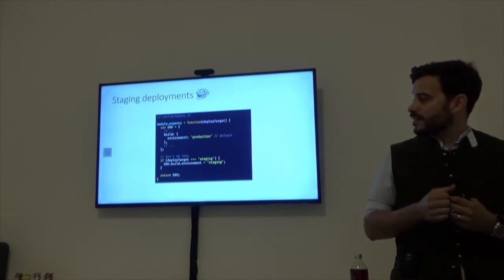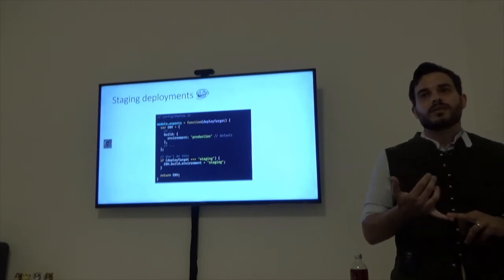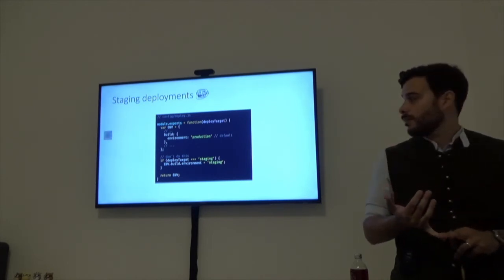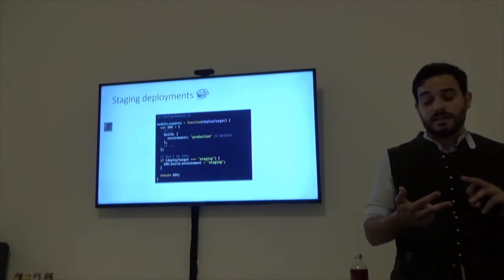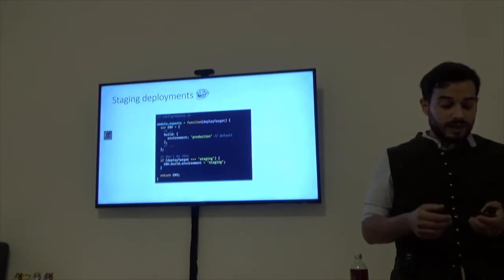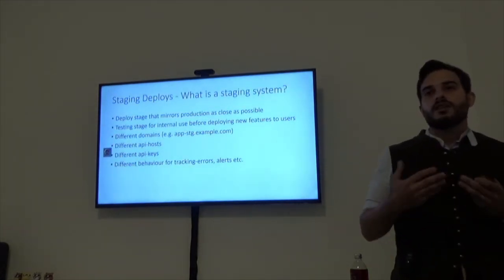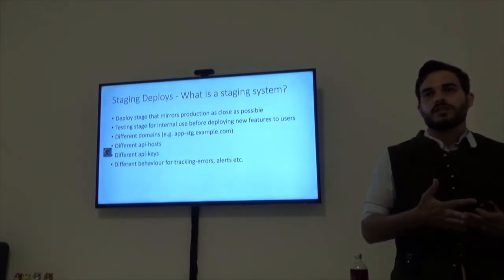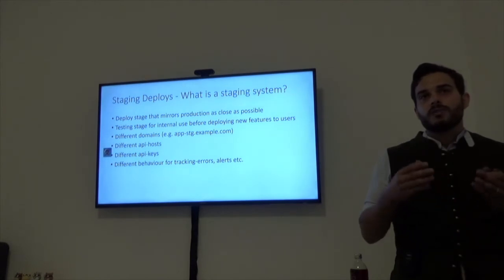The problem there is that ember-cli doesn't know anything about some arbitrary environment. It just knows three environments, and these three environments are development, test, and production. So when you think about what you actually want to do in a staging system, you actually want to mirror production as close as possible. You want to build it the same way, you want it to behave the same way.